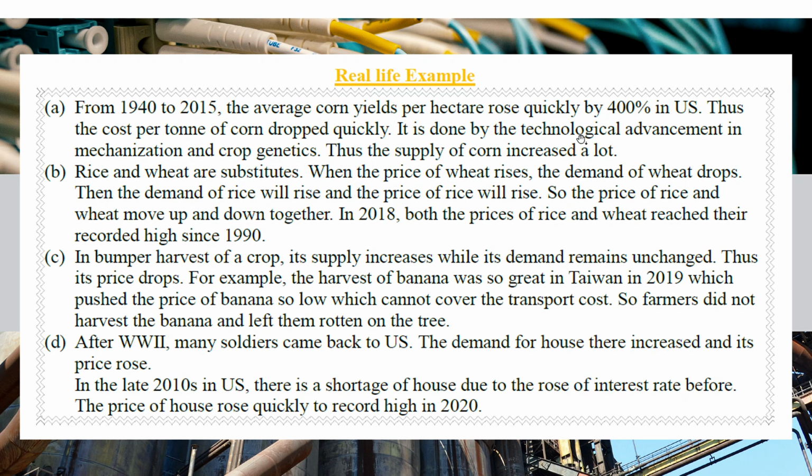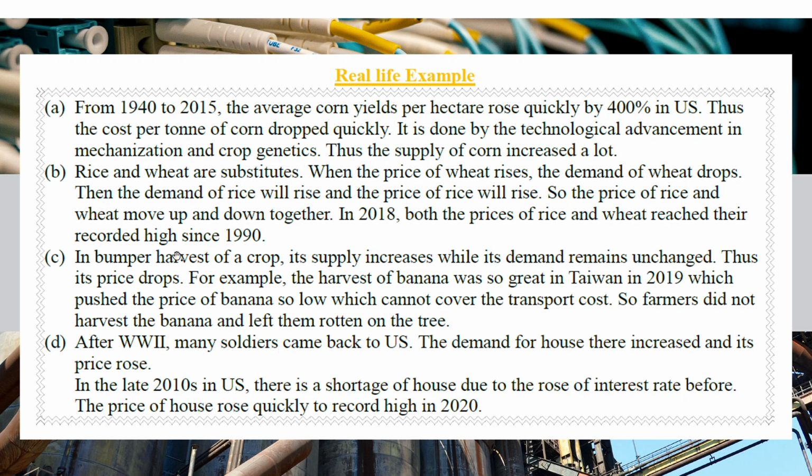And also rice and wheat, we can describe what happened to them, and the subsidy. When the price of wheat increases, the demand for wheat drops, so the demand for rice increases and the rice price will increase. In 2019, they both reached a record high together, and something bad happened. It is not always happy.